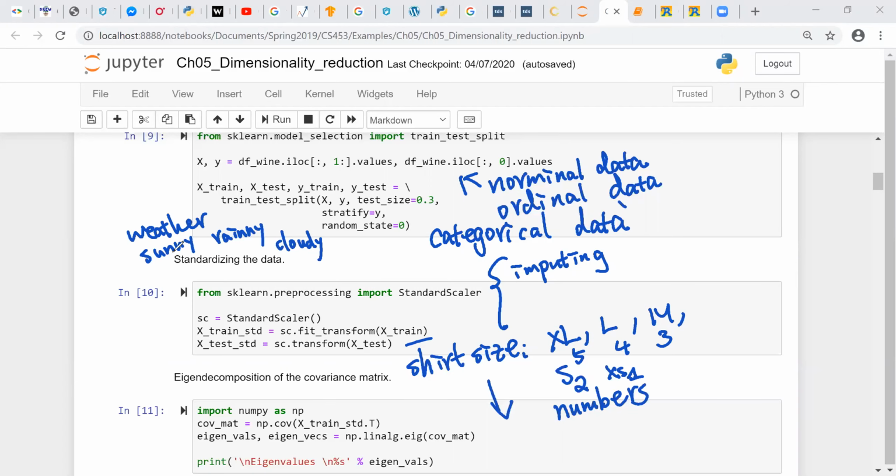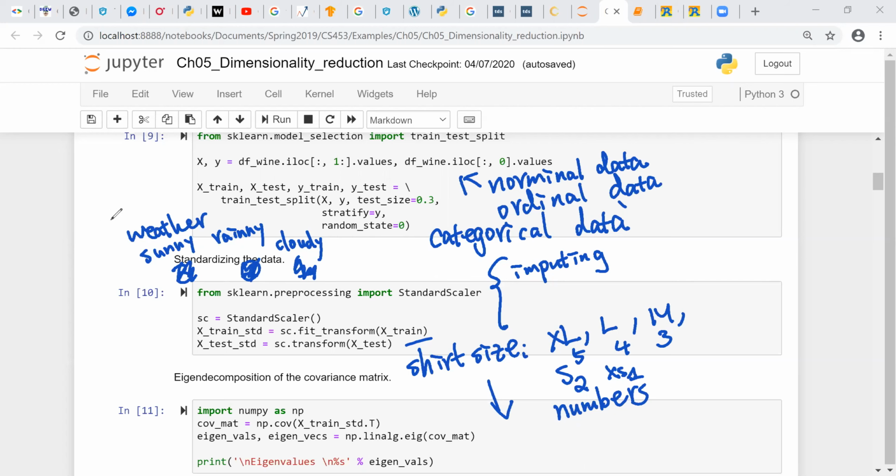Sunny is not going to be 3 and better than rainy at 2. If you just apply numbers, then when the model is training, it will inherently think the number order plays a role, but actually it doesn't. So we don't apply this approach.